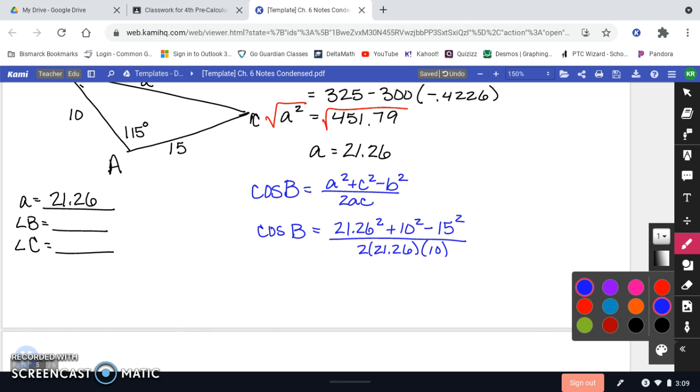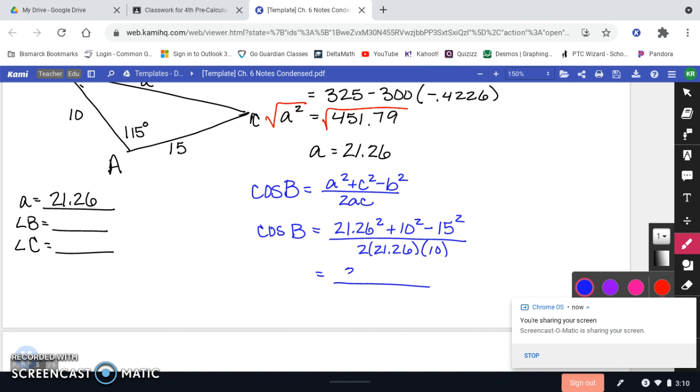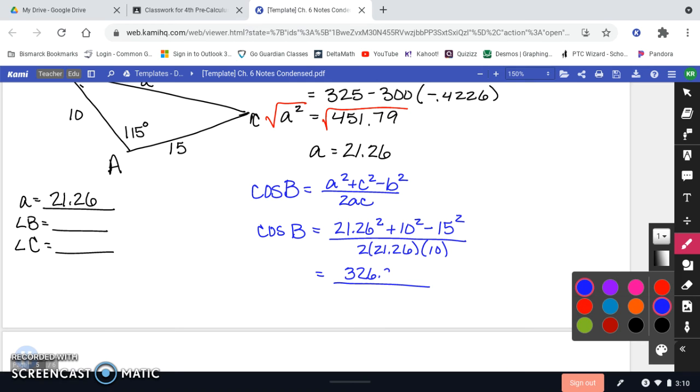After you do these a few times, you pick up on the pattern of these equations. So let's see. Okay, this is 326.9876, and here is 425.2.